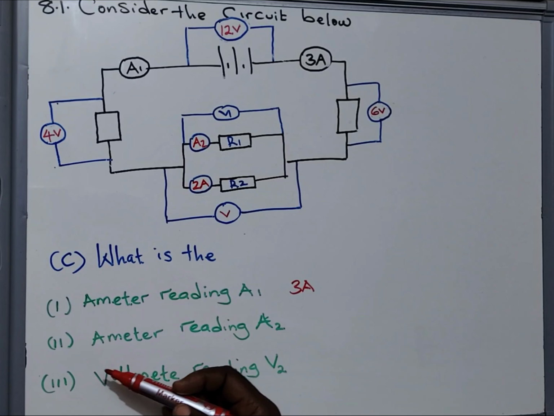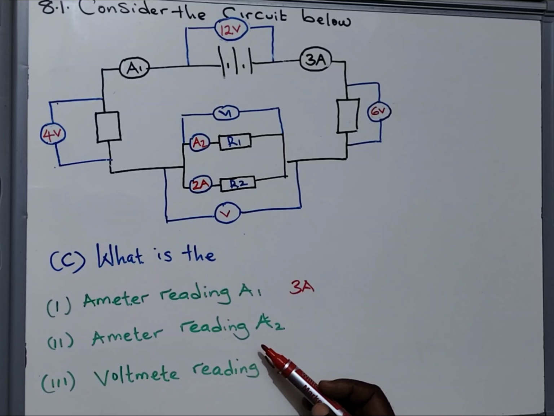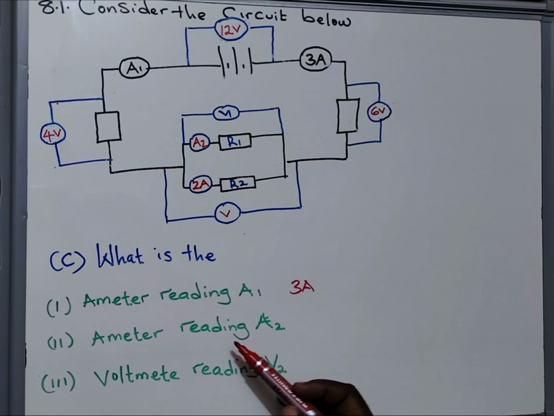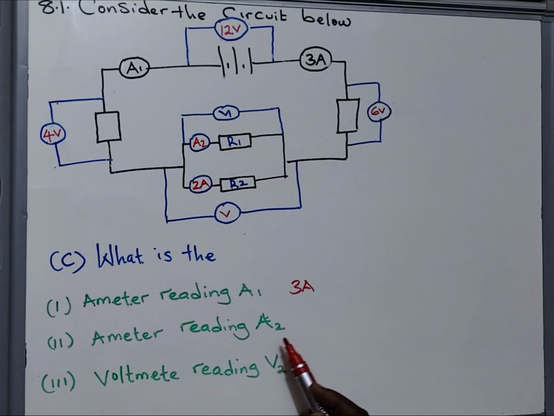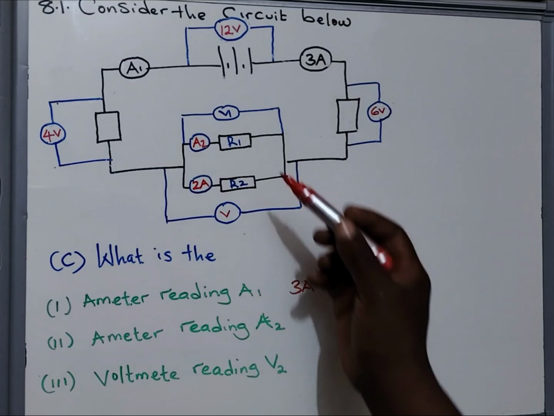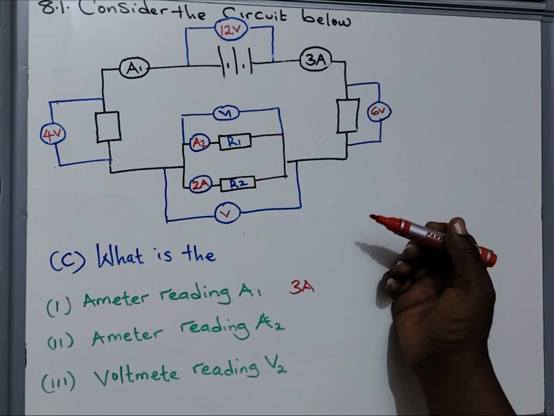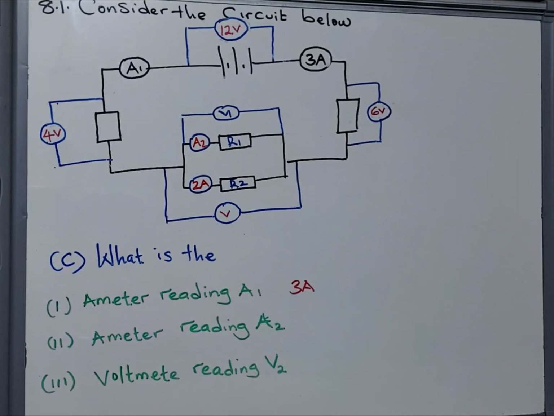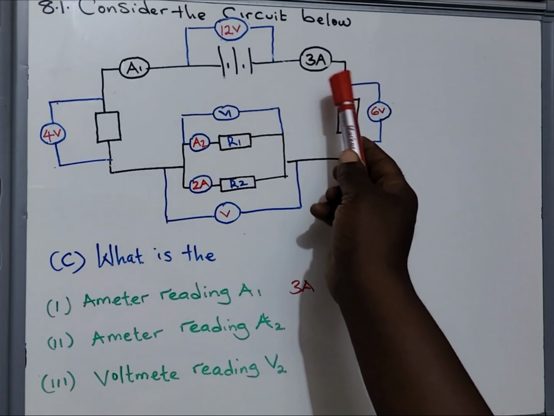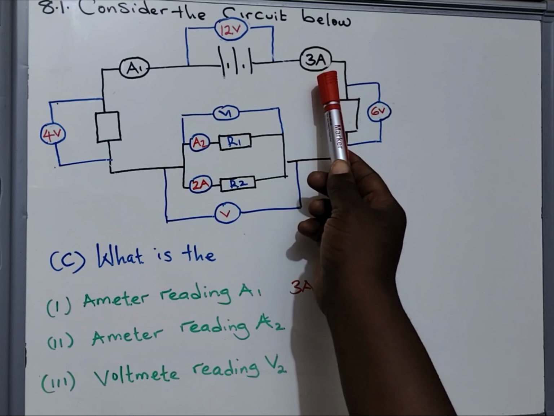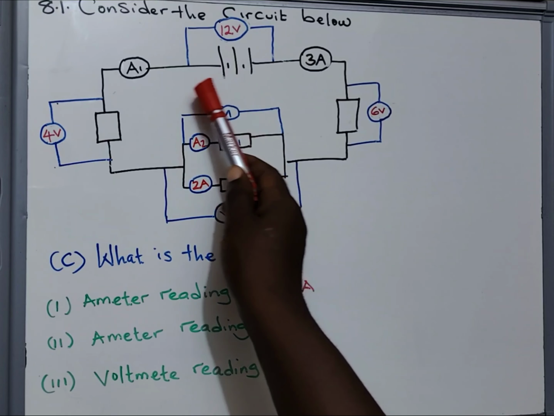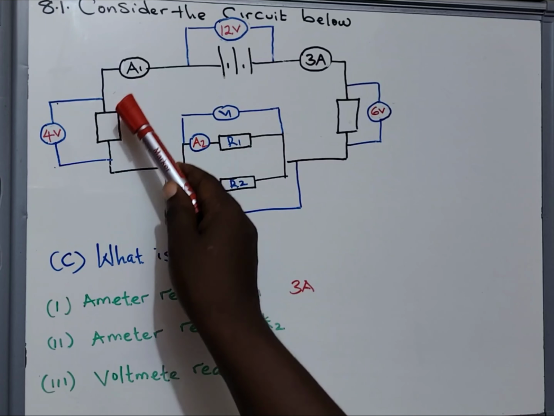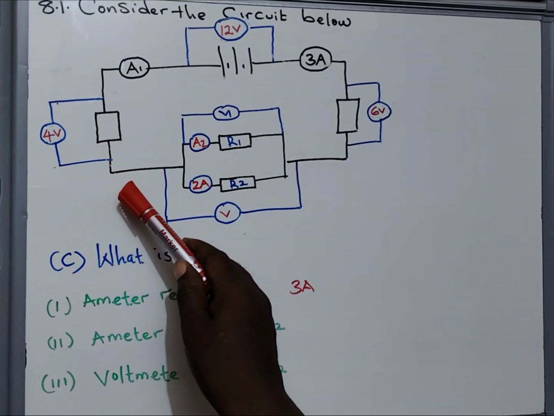Okay, then we come to number 2. Current registered by A2. That's the ammeter reading. A2, we are seeing it there. So to determine A2, we have to make a follow-up. We said it is 3 ampere, which passes through the battery, passes through A1 and passes through this resistor and comes here.